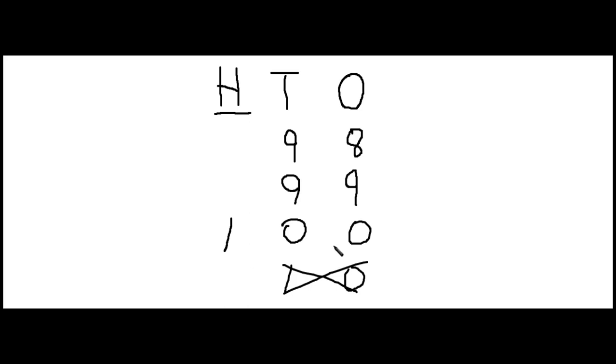Okay? This 100 has 0 ones, 0 tens, and 1 hundred. This is a new place value. So anytime you say 100, 200, 300, 400, 500, there's always going to be 3 numbers.